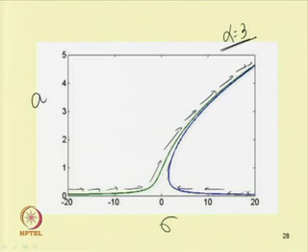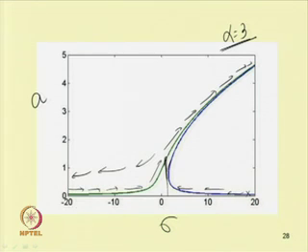As this branch is unstable, at this value of sigma the system will have a tendency to jump up, that means it will jump up to the upper branch and then it will follow this path.